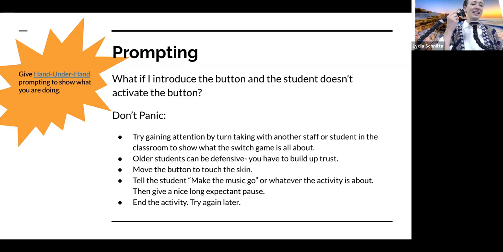And then beyond that, giving a nice long expectant pause, saying something like, oh, I wonder what happens next, or maybe you can make the music go again, and just giving your best pause is enough. And if they don't take that cue, end the activity, try later. There's nothing wrong with that.